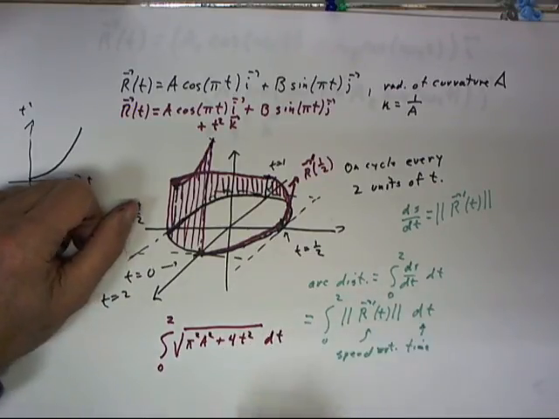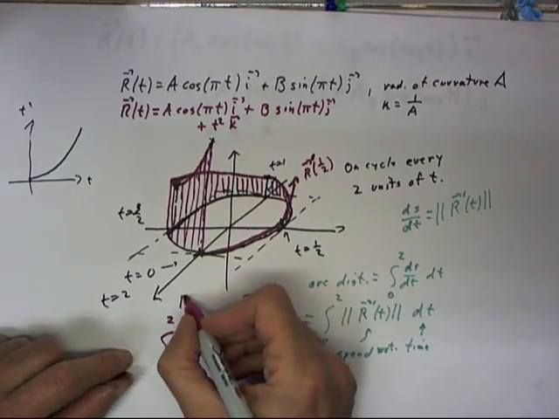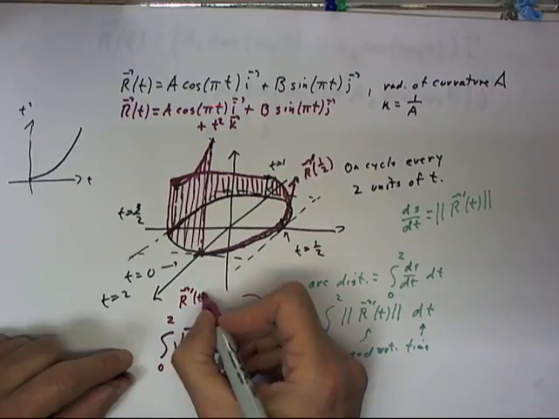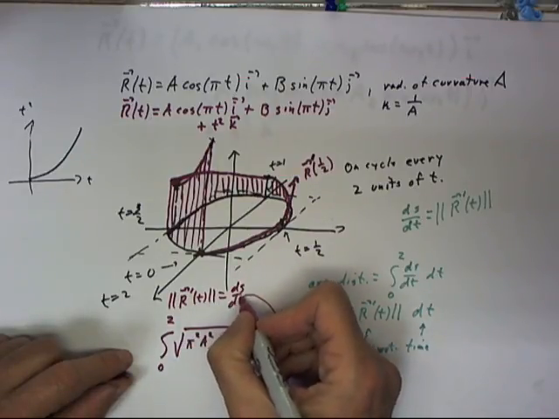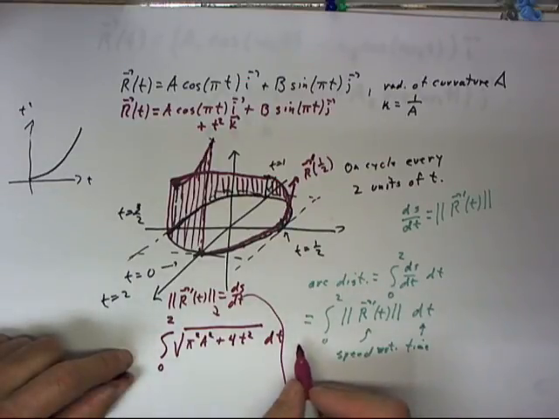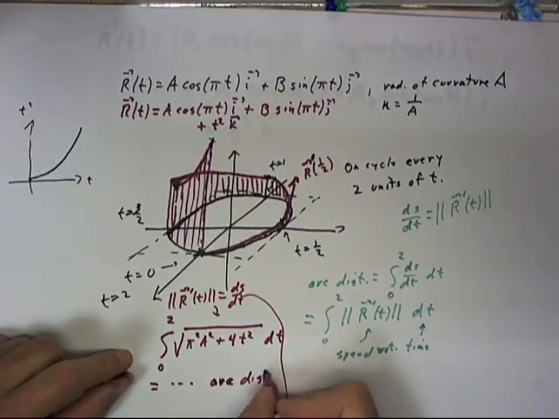We integrate that function, that magnitude of r prime of t, which is our ds/dt, with respect to t, and we get the arc distance.